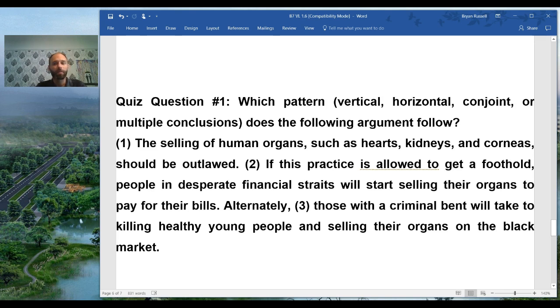If this practice is allowed to get a foothold, people in desperate financial straits will start selling their organs to pay for their bills. Alternately, those with a criminal bent will take to killing healthy young people and selling their organs on the black market. So which pattern does that follow? Is it a vertical pattern, horizontal, conjoined premises, or multiple conclusions?